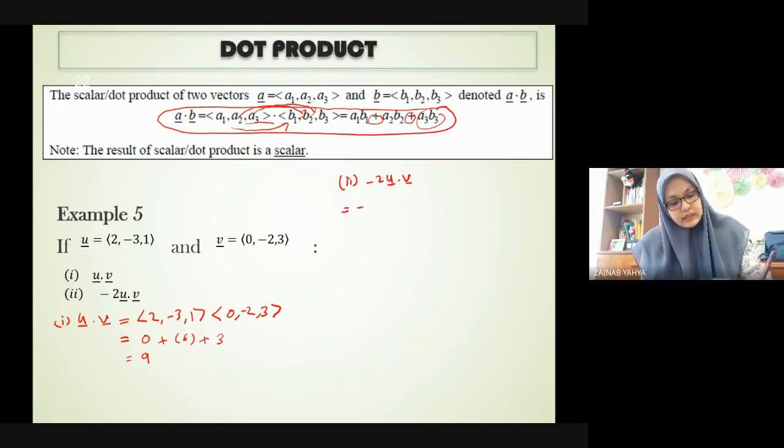Negative 2 multiplied by the vector u, 2, negative 3, 1, dot 0, negative 2, 3. So it will be negative 4, 6, negative 2.